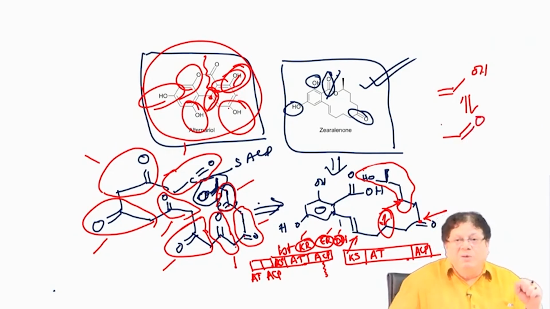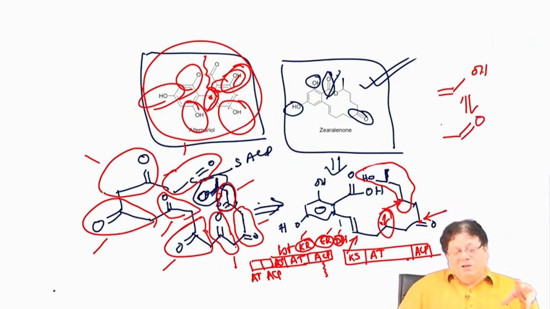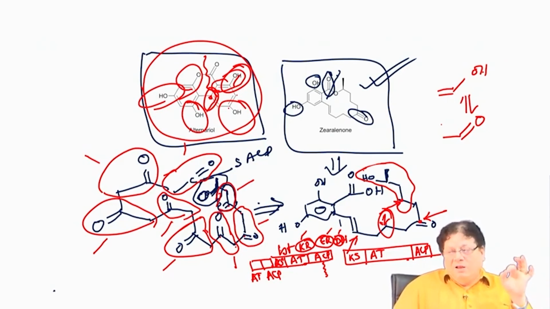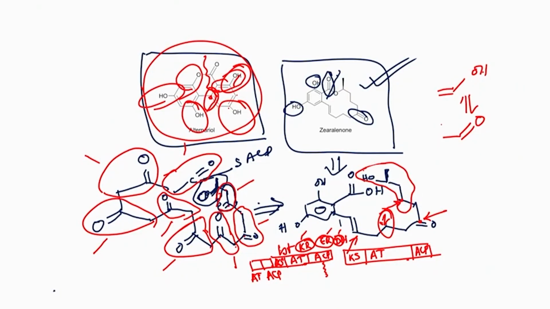So, when you see an aromatic ring with a phenol, that means that is a ketone functionality, not a reduced carbonyl functionality, because phenols means enols, and enols are the tautomeric form of the ketone. Okay. So, this way you can work out the biosynthesis of a natural product.